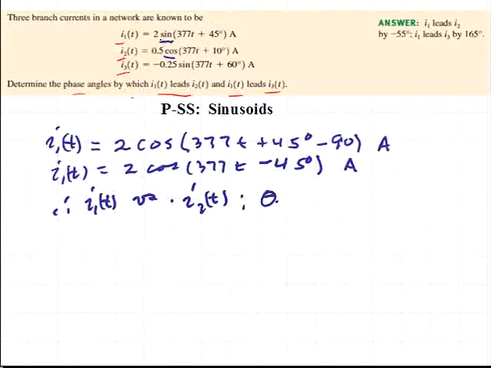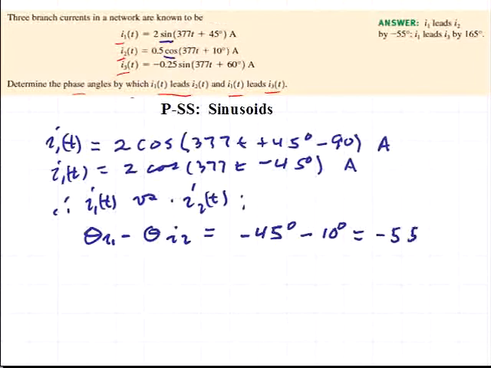So we're interested in the phase angle of I1 minus the phase angle of the current I2 expression, and we see that the difference in phase angles would be theta I1 minus theta I2, and this equals minus 45 degrees for the I1 of t phase angle, minus the 10 degrees associated with the I2 phase angle, and this is equal to minus 55 degrees.